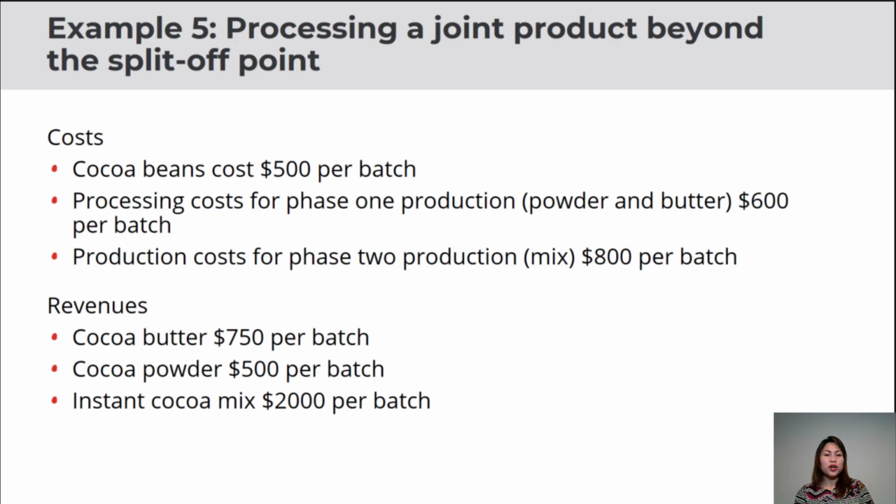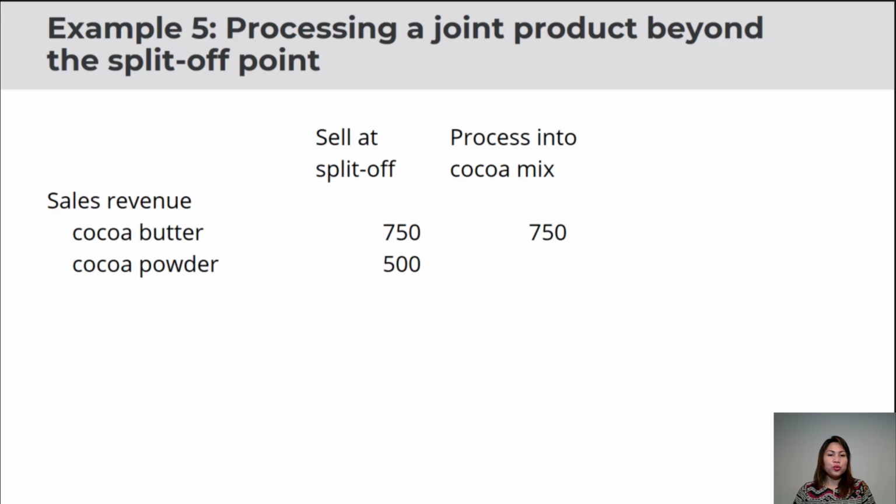Revenues: cocoa butter 750 per batch, cocoa powder you can sell at $500 per batch, instant cocoa mix 2000 per batch. So let's calculate. If you want to sell at the split-off point, sales revenue from cocoa butter is 750 and you can sell cocoa powder for $500.